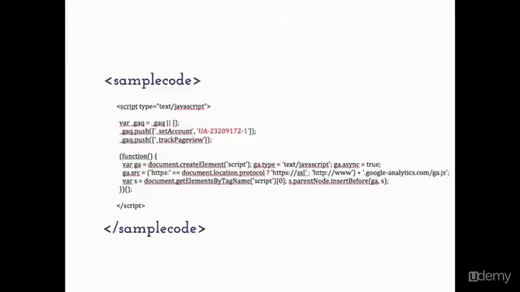Now this is the sample code that Google Analytics will ask you to add onto your website. As you can see, at the top it says script type text JavaScript, so it tells you it's a JavaScript piece of code. In red, you can see your account number. The little -1 next to it, in green, is useful if one account has many different tracking codes, and I'll get into that later on as to why you would want this.